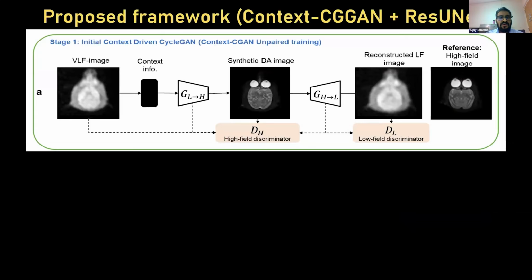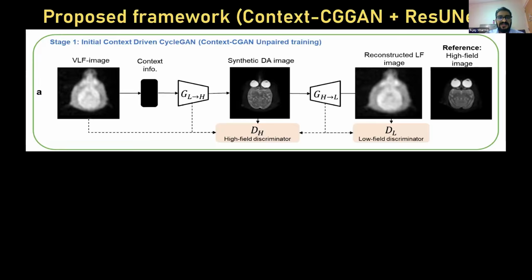Suppose we have a low field image, we provide the context plus the low field image to a UNet generator for the CycleGAN, and then the discriminator identifies synthetic or fake images. Again, as per the CycleGAN principle, it is reconstructed back to the low field image, and we compare against our reference high field image. This was stage one of the study.